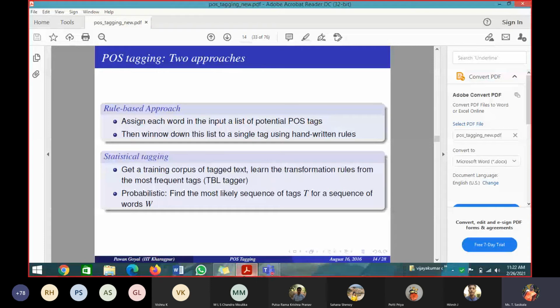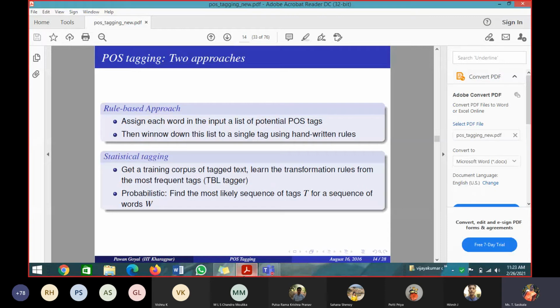Next one is a statistical tagging approach. Here, I have a training corpus, that is, training and test data. The training corpus has multiple sentences. I will be developing a model to tag each word with a particular tag in the training data.